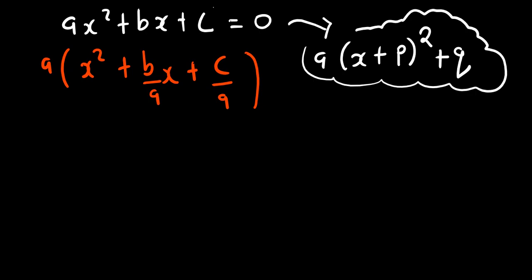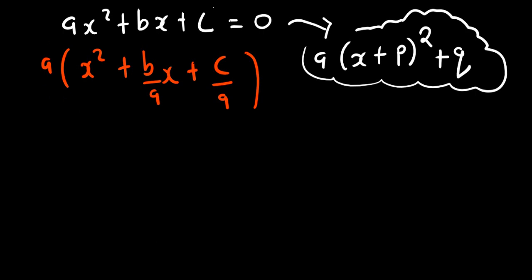Now what are we going to do? You realize that if we multiply a with everything in the bracket, it takes us back to the original expression. That's what you want to achieve with each step that you take.